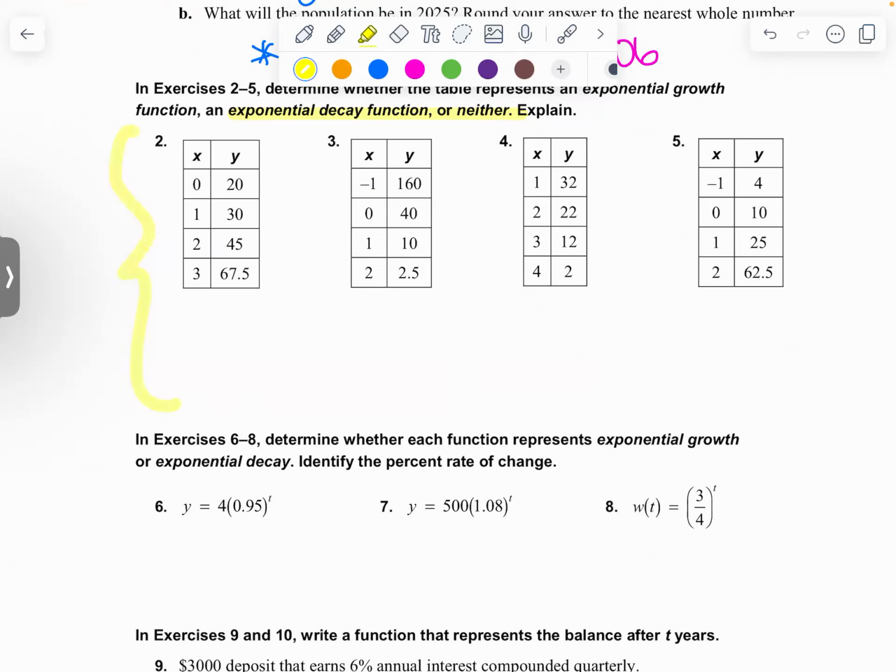For 6 through 8, figure out if it's growth or decay and what the rate of growth or decay is. I'll give you maybe 3 minutes. You can work with your elbow partner.